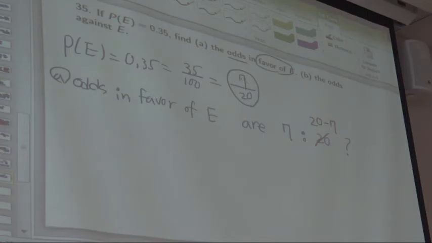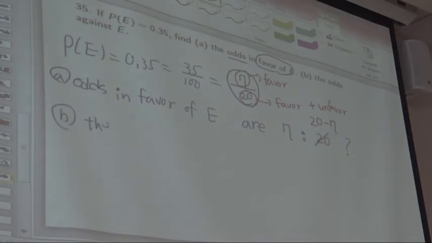This 7 is the favor of E, and this 20 contains the favor plus the unfavor. Only 7 are favor, which means the other 13 are unfavor. The odds are favor versus unfavor. That's the odds, so 7 to 13 is the odds.